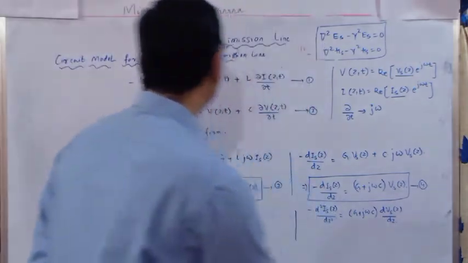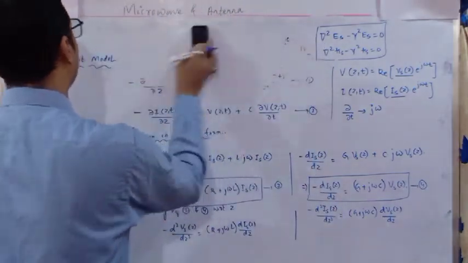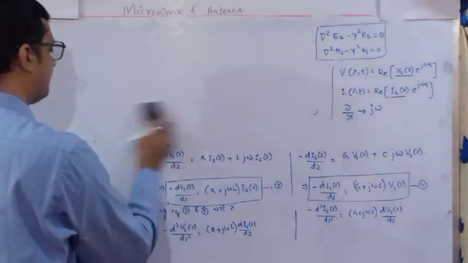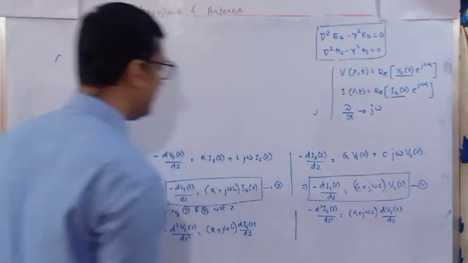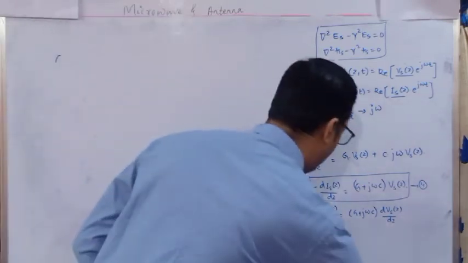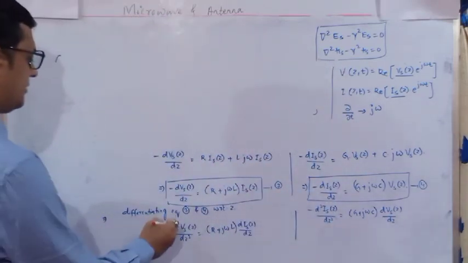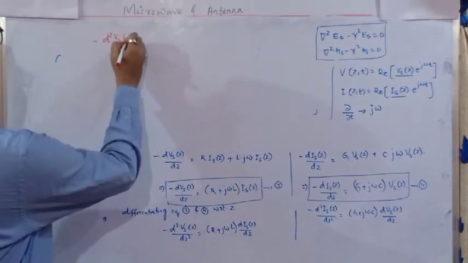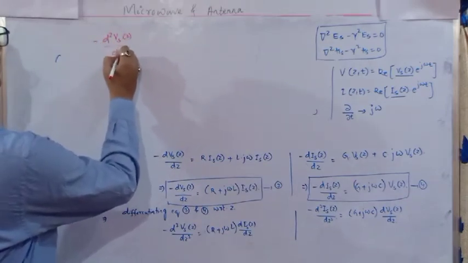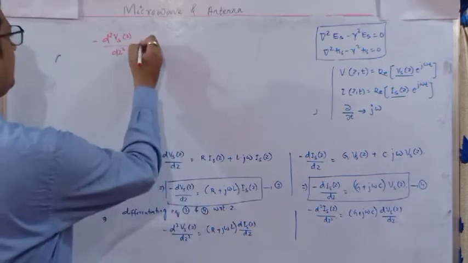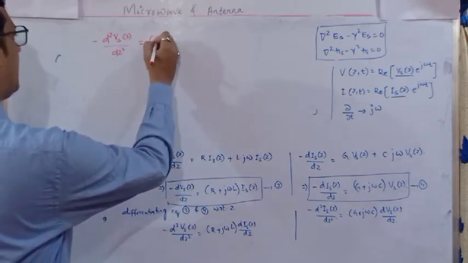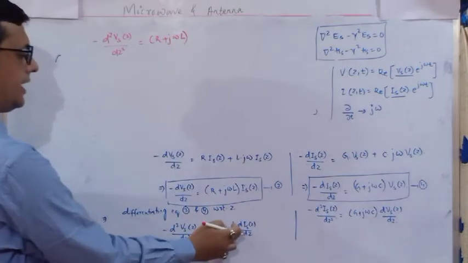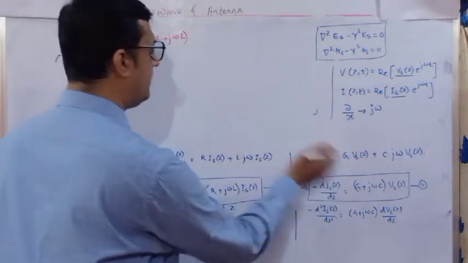Now let's see how this wave equation will look. I will write in red so that it will discriminate. So this first equation is d square Vs of z by dz square, which equals R plus j omega L, and dIs of z by dz is how much?